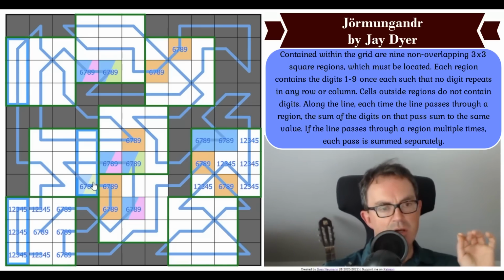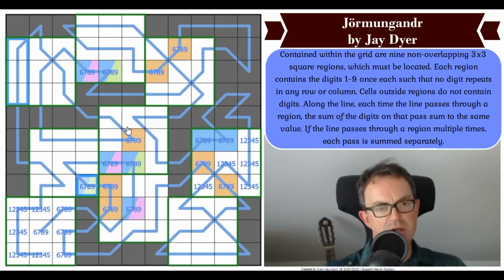So those 9 digits are a set of the digits 1 to 9. So this digit cannot appear in those 3 cells. No, that's nonsense, isn't it? Can we use that somewhere else?